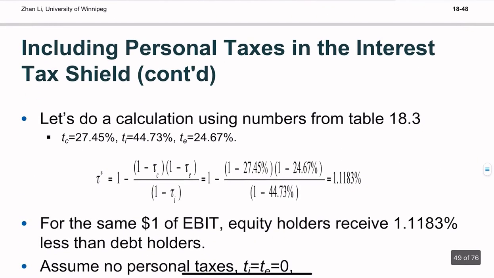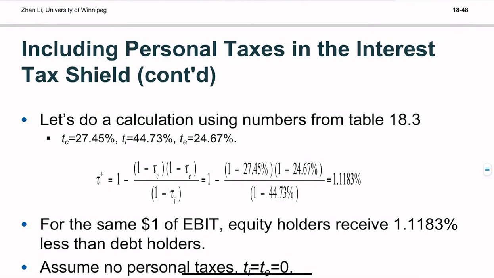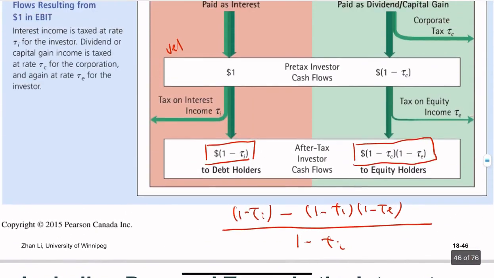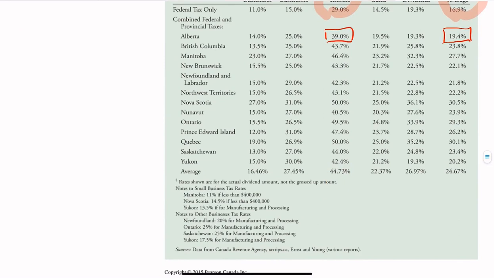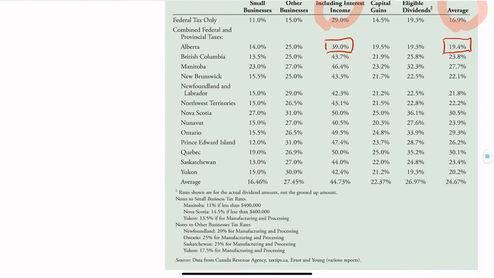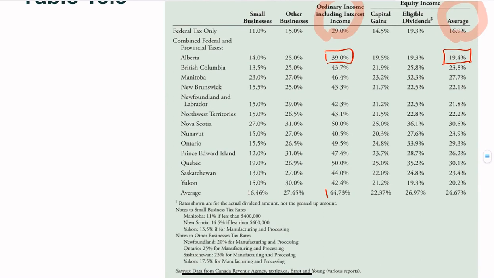Okay, let's do a calculation. If we use the numbers from the table here, then we can find out what is the typical tax advantage in Canada. We will use this number as the corporate tax rate, this number as the interest income tax rate, and this is the tax rate on equity income.